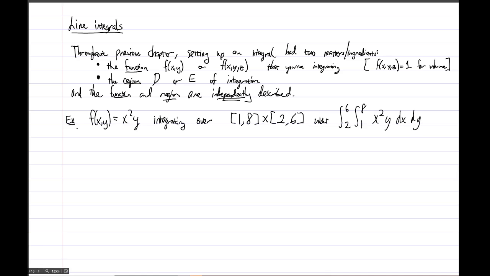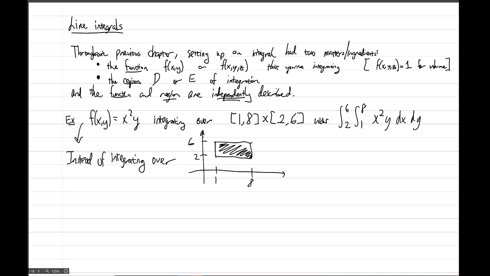Now, the new thing we're going to do is take this and say, instead of integrating over that picture, let's draw it, right? x went from 1 to 8 and y went from 2 to 6, and instead of integrating over this filled in region here, which might have been called capital D, this solid, filled rectangle, what if we integrate over the same function, f of x comma y equals x squared y, over not this filled in two-dimensional thing.